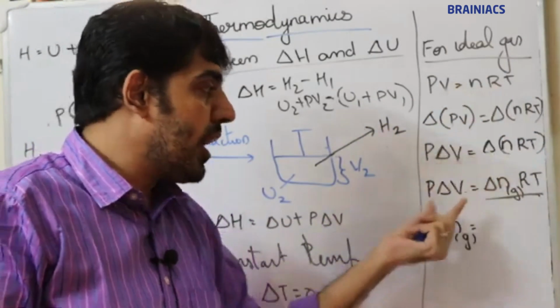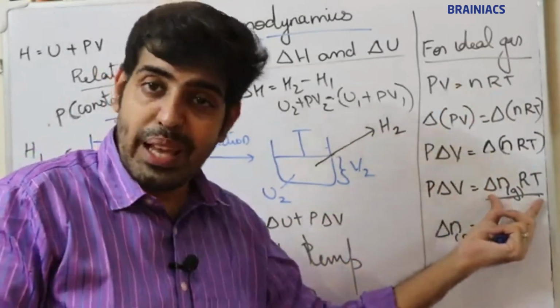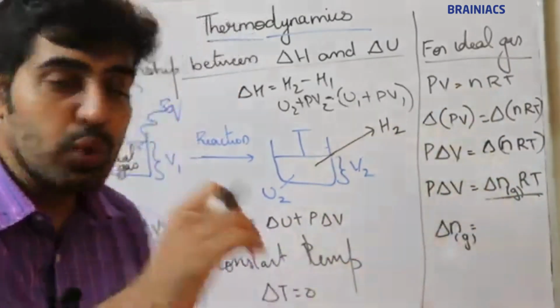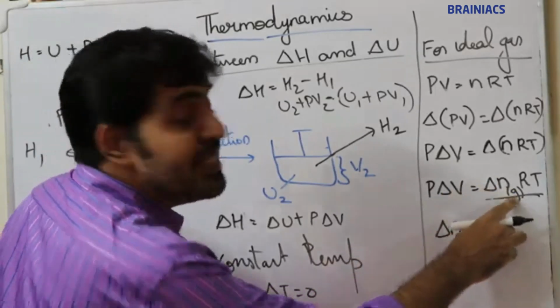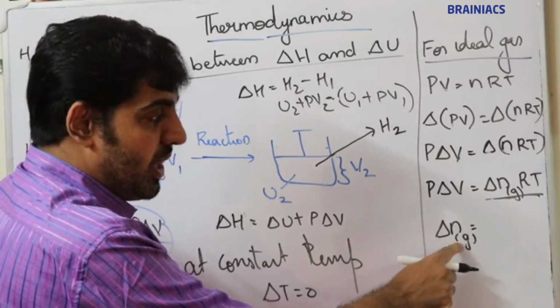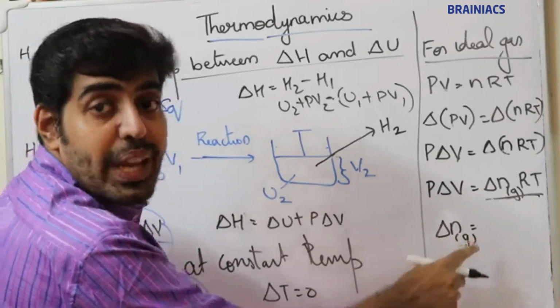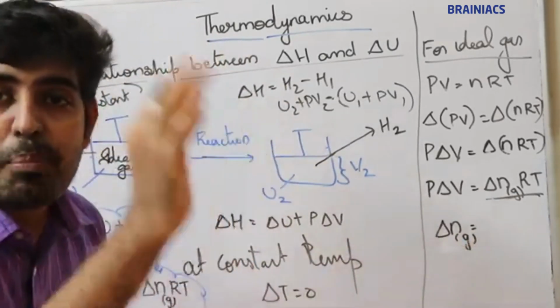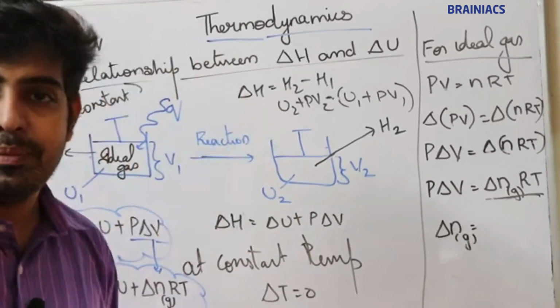So P delta V is equal to delta nRT, and this equation is used only for gas. G indicates gas. So delta ng is the change in number of moles in gaseous state.